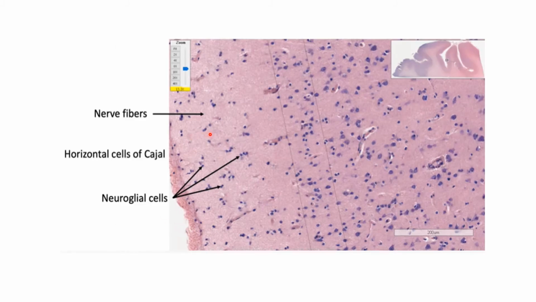This is how the first three layers will look. These are the nerve fibers present. What are the components of the plexiform layer? Synapses and the axons and the dendrites, horizontal cells of Cajal, and these nuclei are nuclei of the neuroglial cells. So this is showing the components of the plexiform layer.